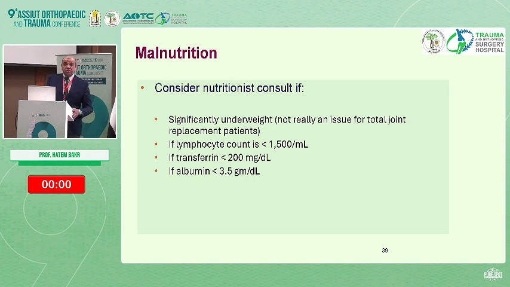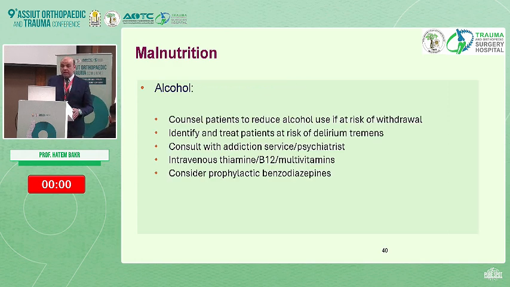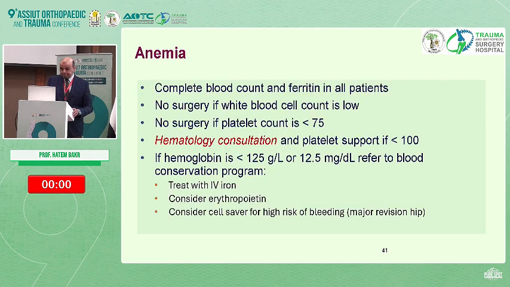Malnutrition is a very important issue, and this was also covered by Dr. Muhammad Anwar. You should optimize the patient if he or she is underweight or immunocompromised, and nutrition is very important, so you should take care of these counts. And alcohol, thank God, it's not that common in our community, but if the patient is alcoholic, in Canada we had lots of problems with these patients: high risk of infection, high risk of dislocation and falls after the implant, and periprosthetic fractures.